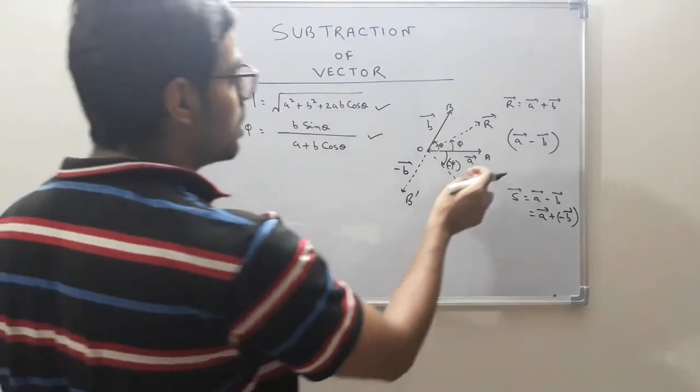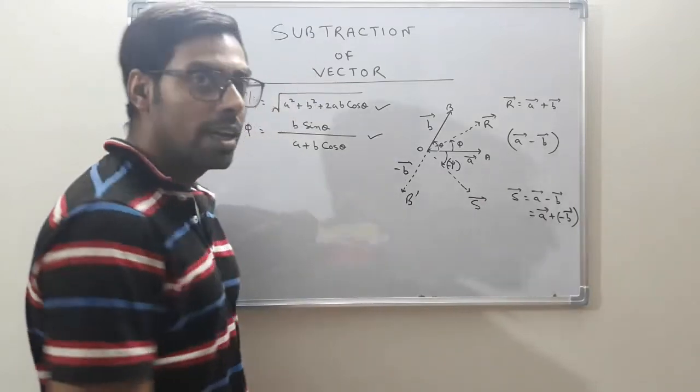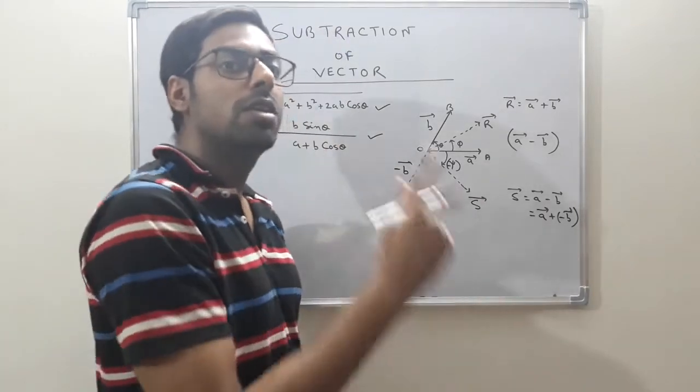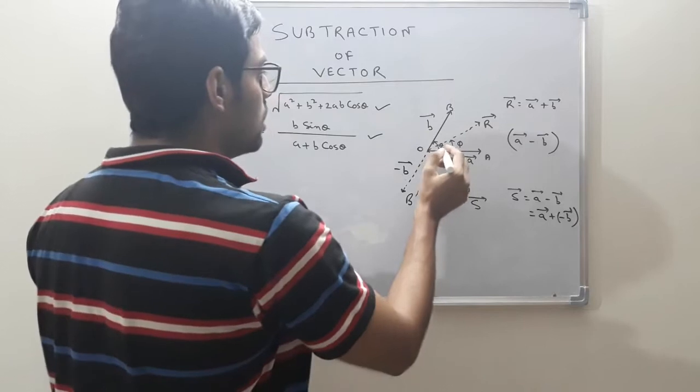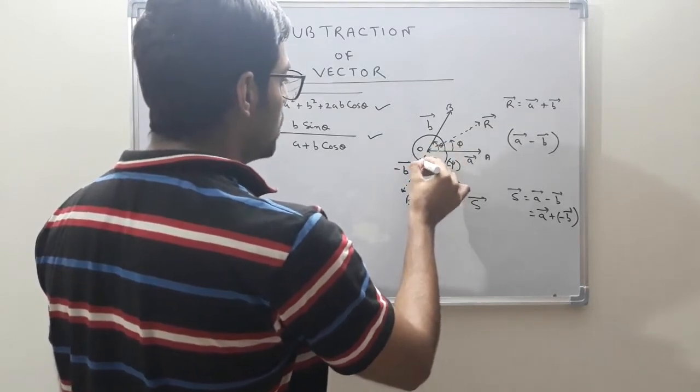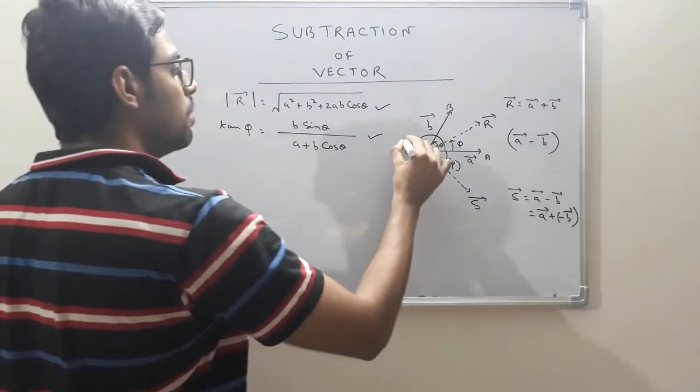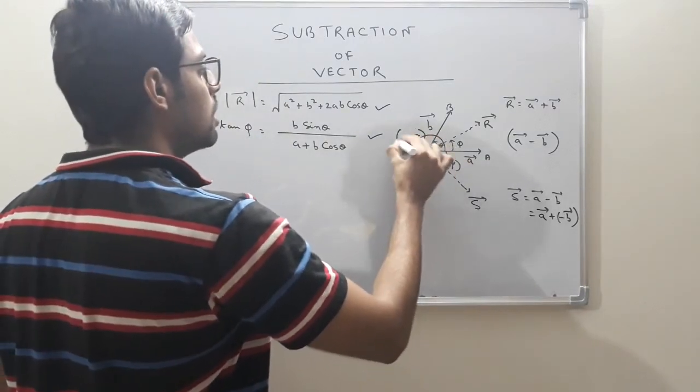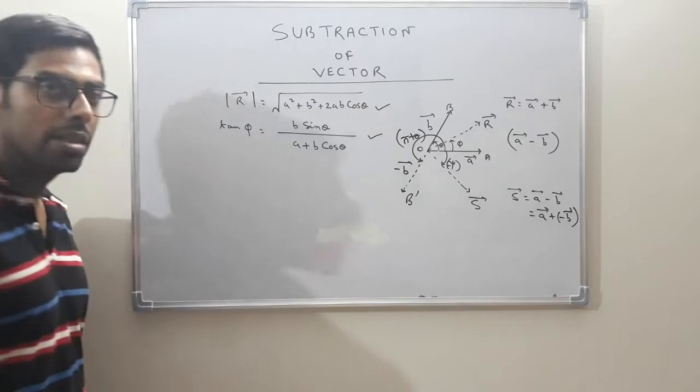And what is the angle between the A vector and the minus B vector? The angle between the A vector and the minus B vector, if chosen in the anti-clockwise sense, becomes pi plus theta.